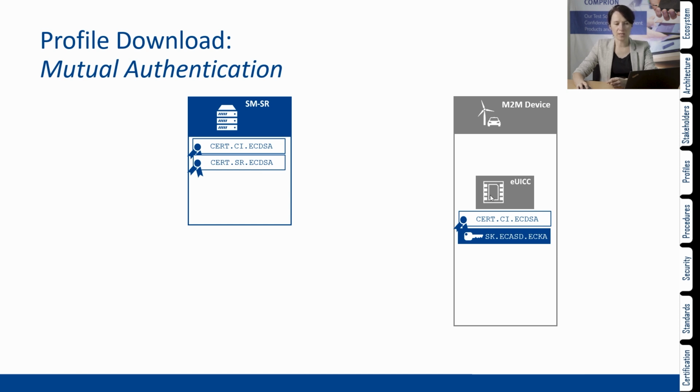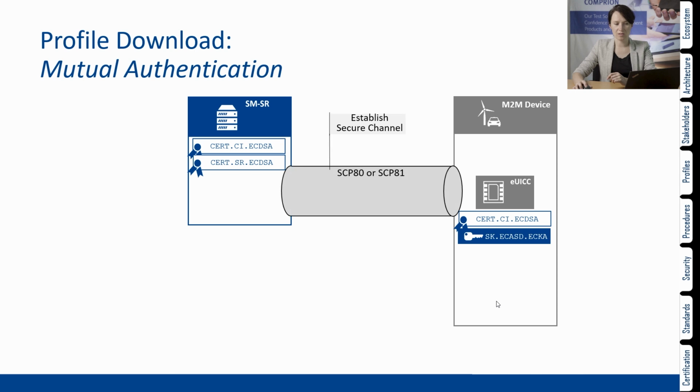On the EUICC, we have the root certificate as a trust anchor again, and the secret key of the EUICC, which will be required later for this key establishment part. You see that this certificate is used to verify the SR key and establish the secure channel. This will be the SCP 80 or 81.